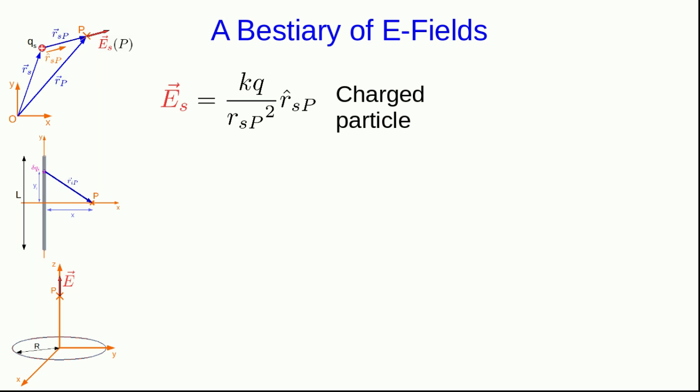Well, we've just come up with what is probably a rather bewildering array of E-field expressions for different sorts of objects. So let me help you out and go through them and point out what is and is not important. We started with the E-field due to a charged particle.